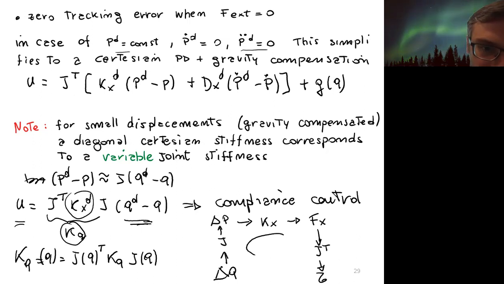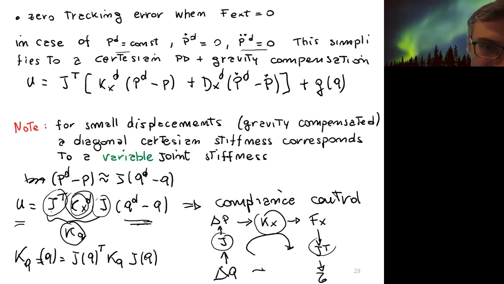So in essence, doing this is just doing J transpose, Kx, J, which is applying first J, then Kx, and then J transpose, and this is the same as doing the Kq, which is the stiffness at the joint level. Yeah, this is just a detail.